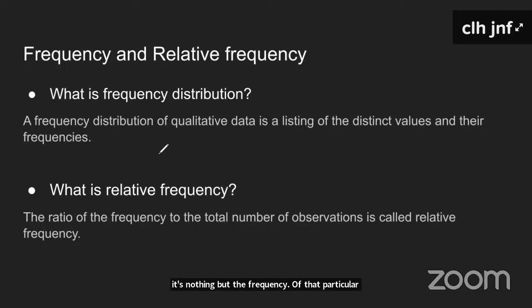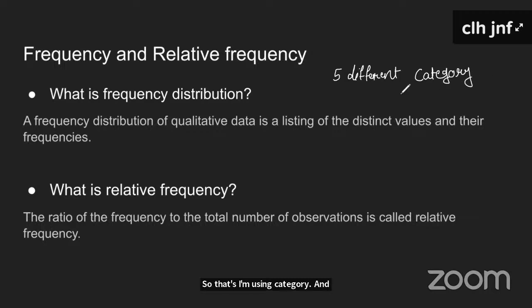Let's say you have a particular data set with 5 different categories, that means 5 distinct values. I say category because you might be familiar with this word now.